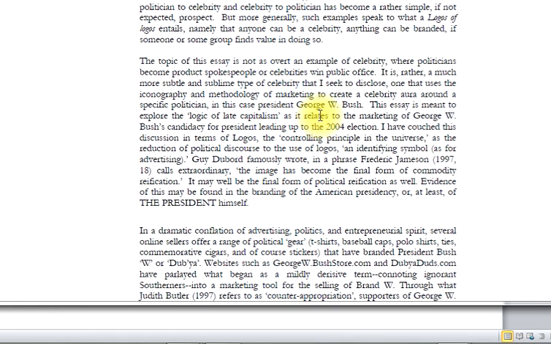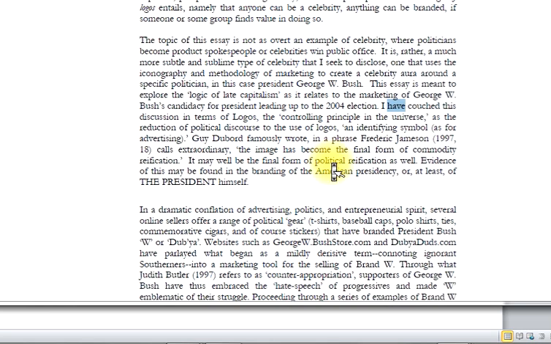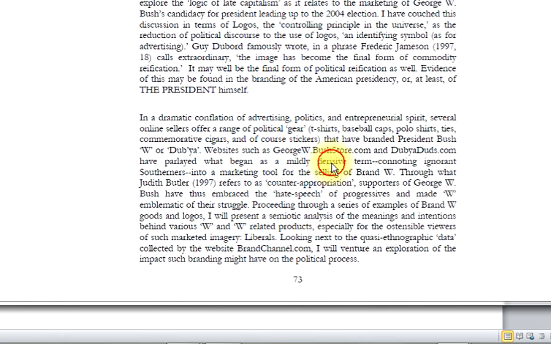I seek to disclose... This essay is meant to explore the logic of late capitalism. I have couched this discussion in terms of logos. Those are maps.